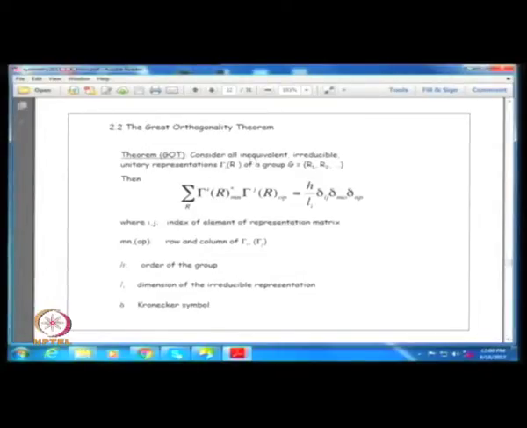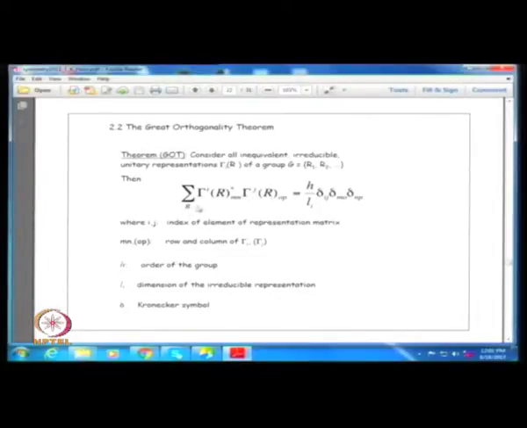So, consider all inequivalent irreducible unitary representations gamma i of a group G, whose elements we write as small g1, g2, etc. So, sum over all g of D alpha of g and D beta of g.